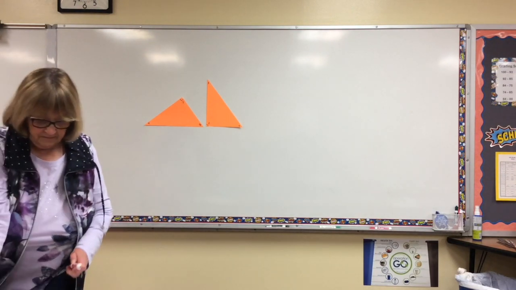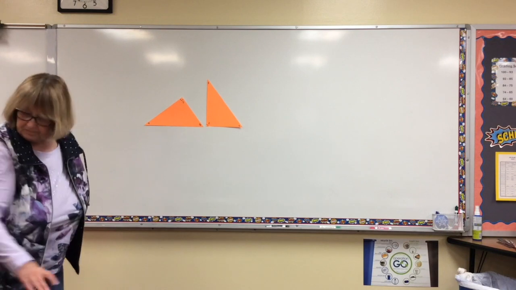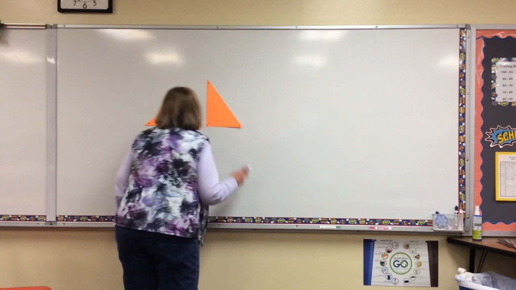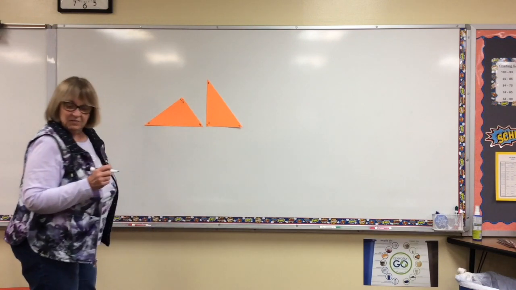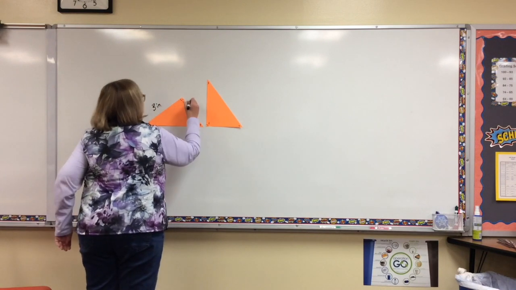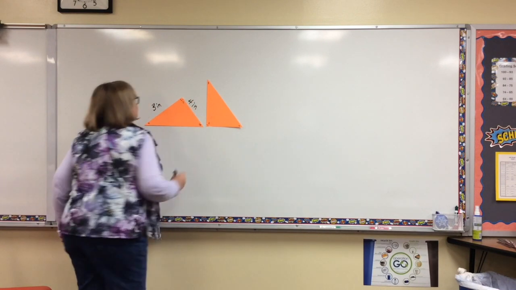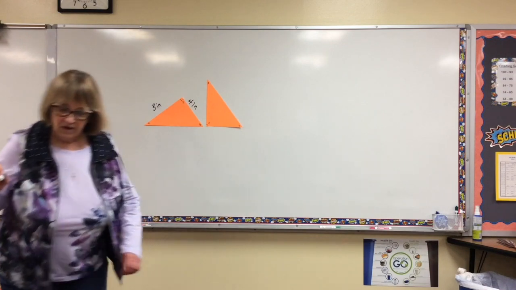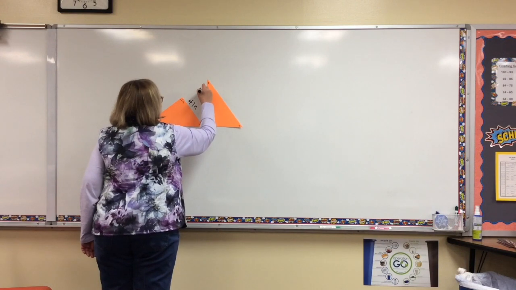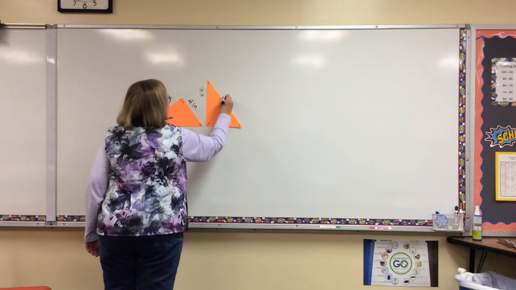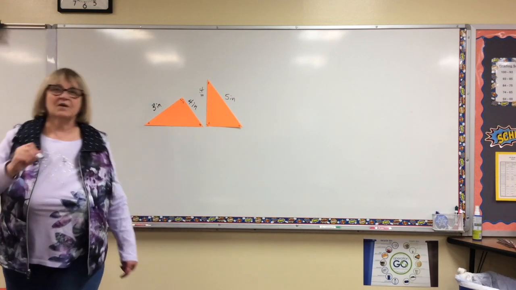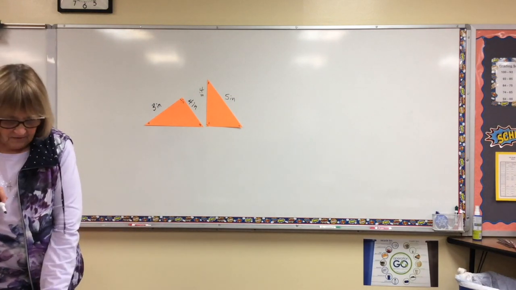They are equal in size. Now, we're going to say we have two measurements on one triangle. I think this is 3 inches, and this is 4 inches. We also know on the other one that this side is also 4 inches, and this side's 5 inches. And they ask us to come up with the perimeter of them both.